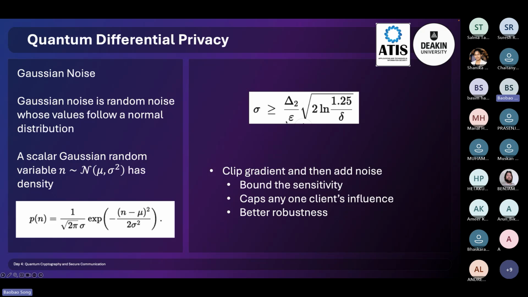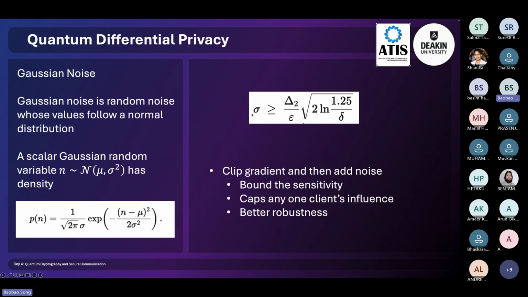And here, this is epsilon, that's in the quantum differential privacy. And the delta is another parameter in differential privacy. It controls the small possibility of failures in the privacy guarantee. So in most cases, the delta is a very small value, such as 0.01, 0.001.